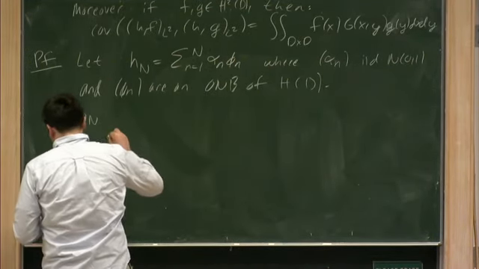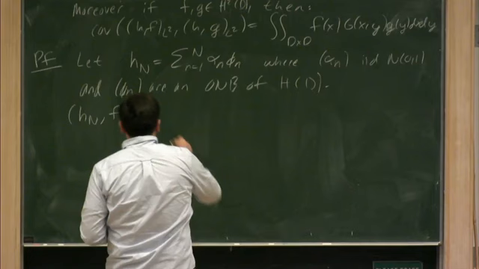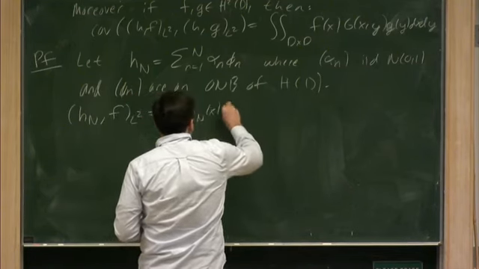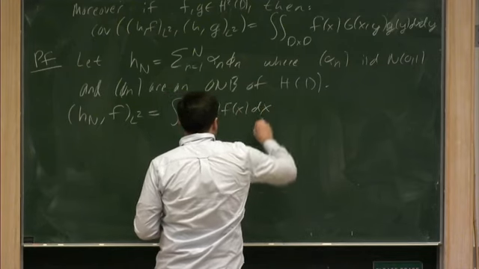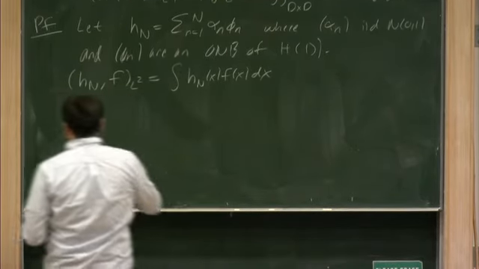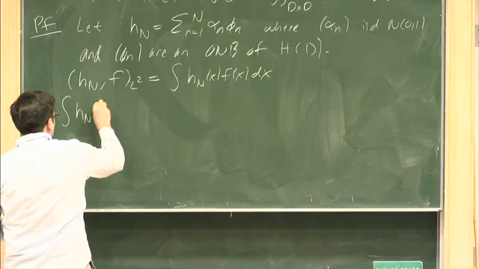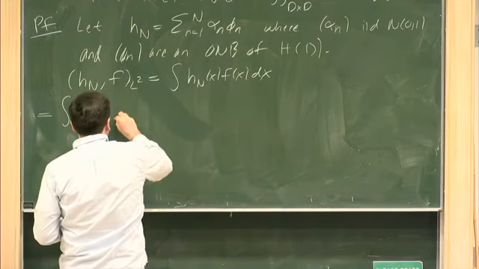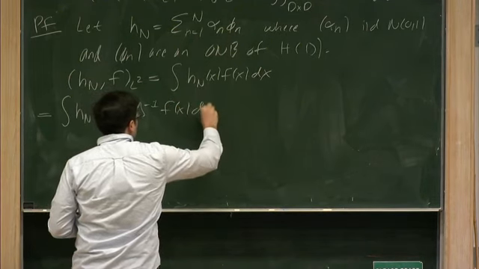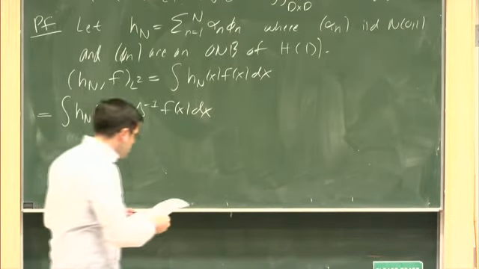If I take h sub n and integrate it against my test function, then this is exactly equal to the integral of h_n(x) times f(x) dx. And now I can write this in what might seem like a funny way, but it is the same thing as the integral of h_n(x) times the Laplacian of the inverse Laplacian of f(x) dx, because these two things just cancel.